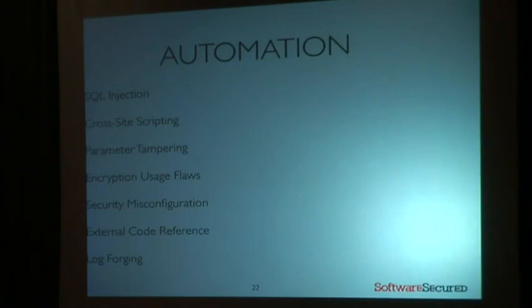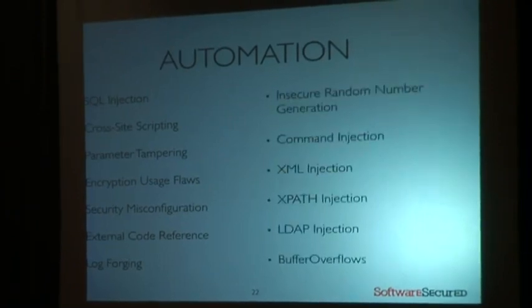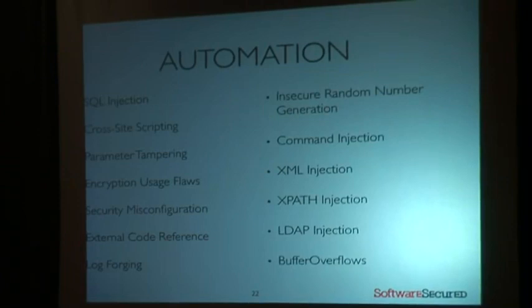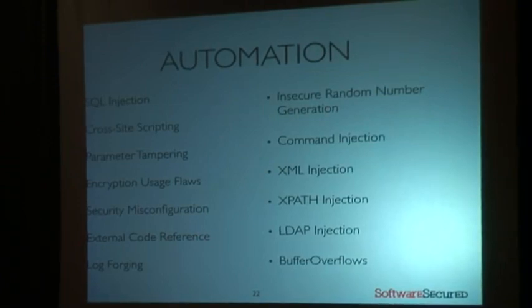So you can use the same techniques to find bugs like SQL injection, cross-site scripting, parameter tampering, all these vulnerabilities. It might take you a little bit of time at the beginning. The rules I mentioned are a very good place to start, and then you can start doing your own.